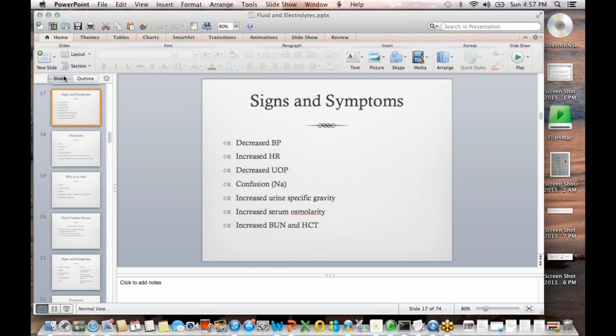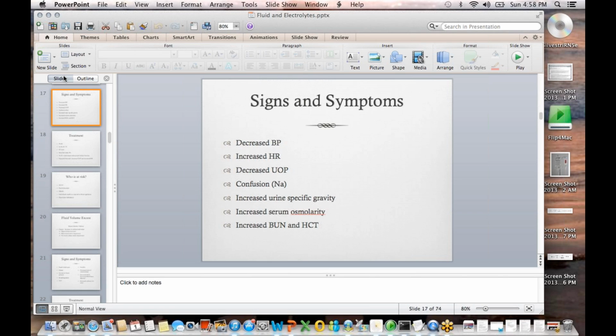Your signs and symptoms, depending on the actual cause, are those of decreased fluid volume: decreased blood pressure, increased heart rate as a compensation, decreased urine output because you're not perfusing your kidneys, you're dehydrated. And increased serum osmolality as well, because your blood volume is more concentrated.